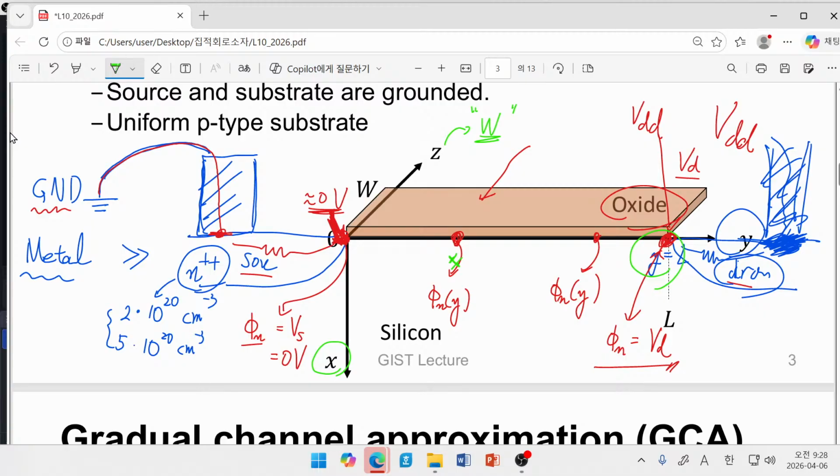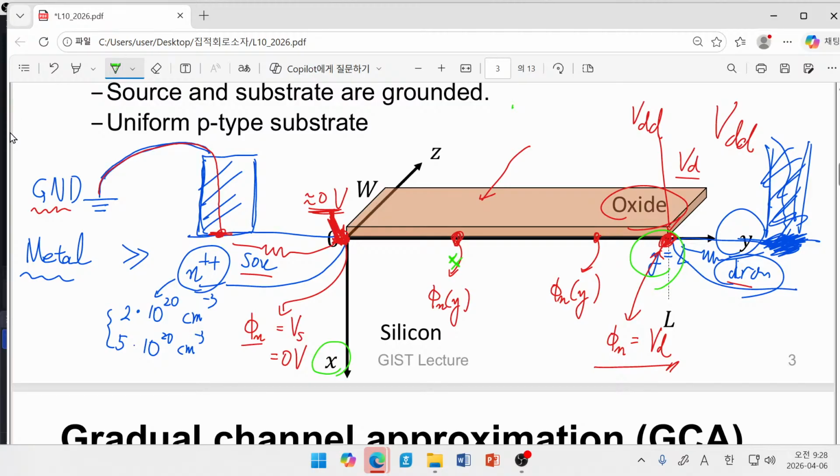We just multiply W to our current density to eventually get the drain current. So we treat that among three different axes, this one is really trivial. We will just assume homogeneous or uniform distribution of our physical quantities along the z-axis. So that's the reason why this one is not that important. But the other ones, x and y, they are really important.